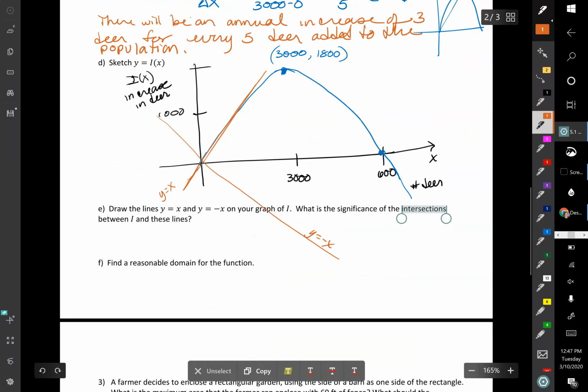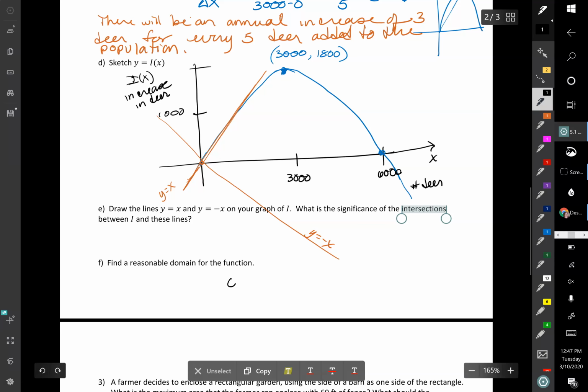For now. And then let's look at finding a reasonable domain for the function. So if we have our intercepts at 0, 0, and 0, 6,000, what would make sense for our x values to be? Somewhere in between there.